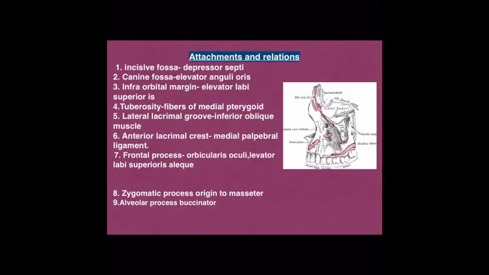Attachment and relations. أولا عندنا الانسايزر fossa، والكيناين fossa levator anguli oris، والinfraorbital margin، والlevator labii superioris. والtuberosity fibers of medial pterygoid، والlateral lacrimal groove اللي يكون inferior oblique muscle، وanterior lacrimal crest والmedial palpebral ligament.